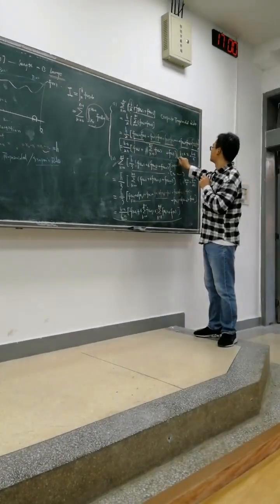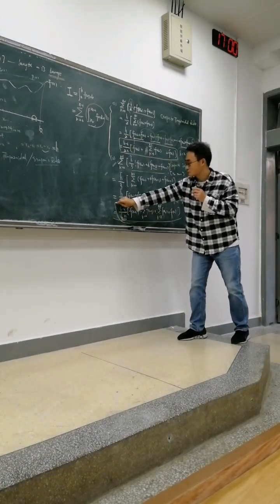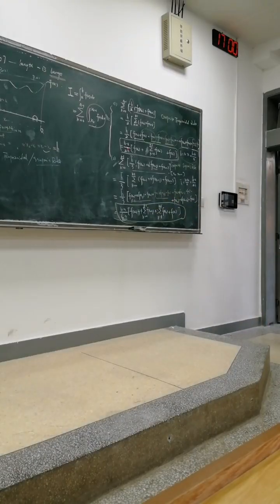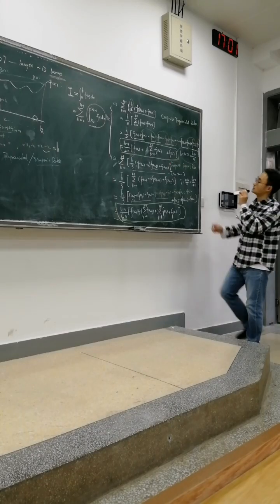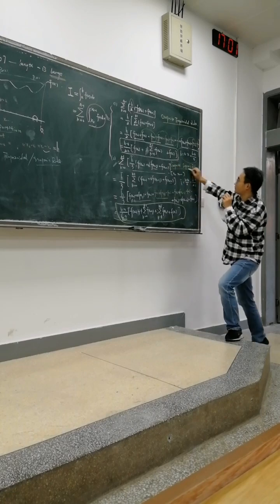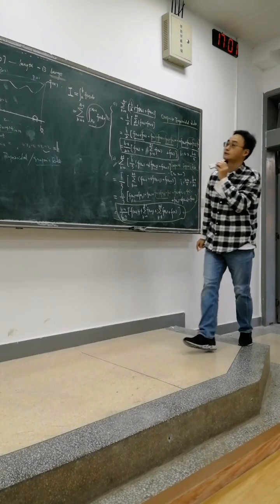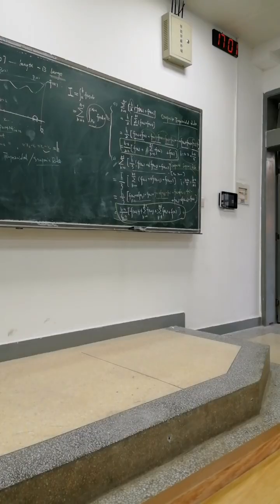We need to remember these 2 formulas. If we approximate this numerical integration, this formula is called the composite trapezoid rule, and this one is called the composite Simpson's rule. This is h.